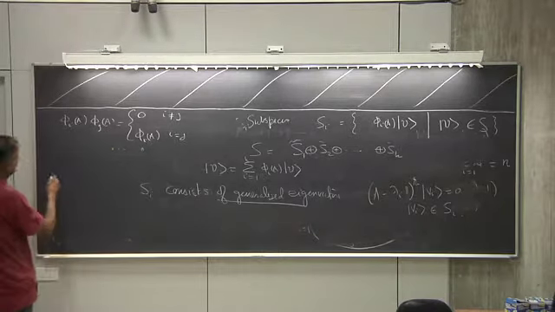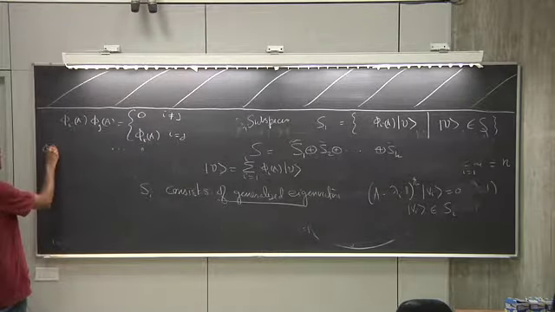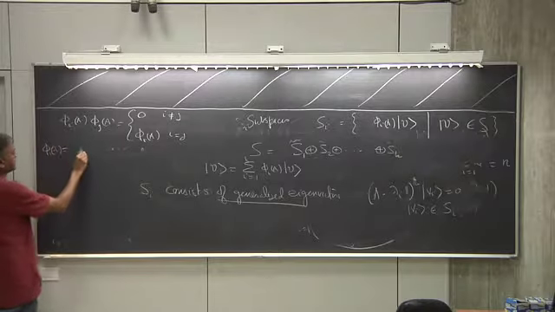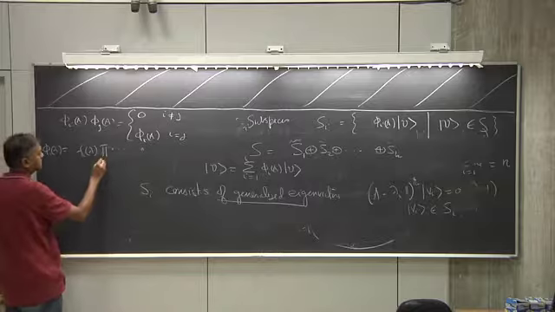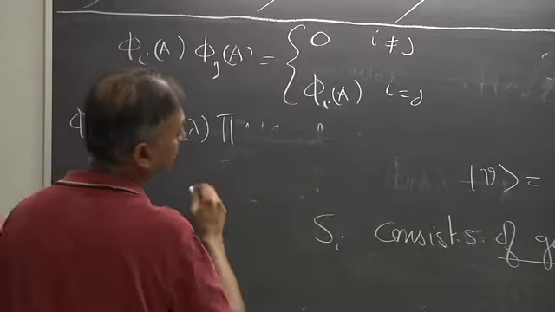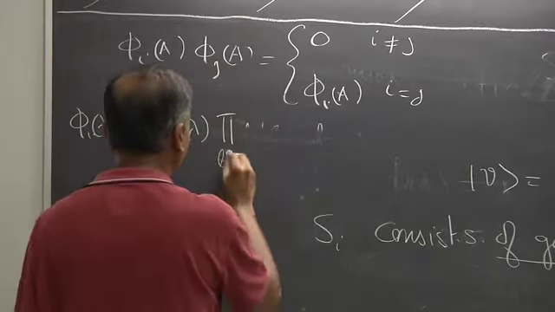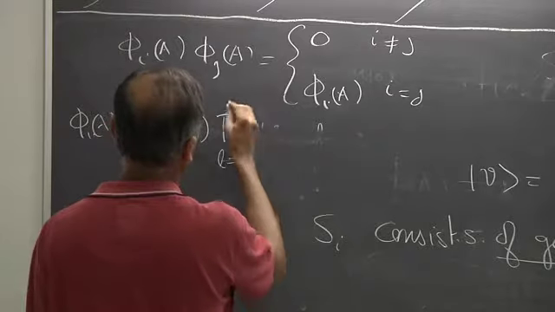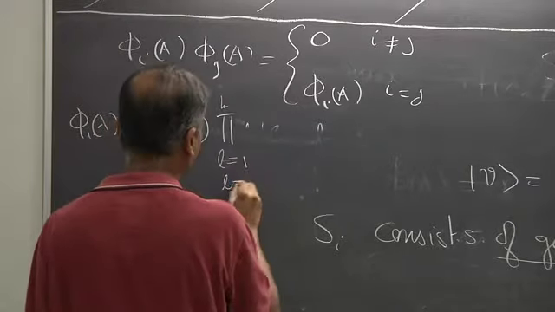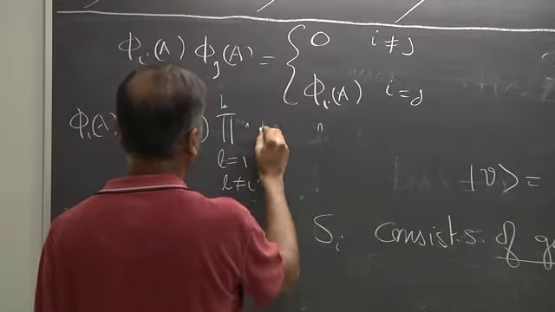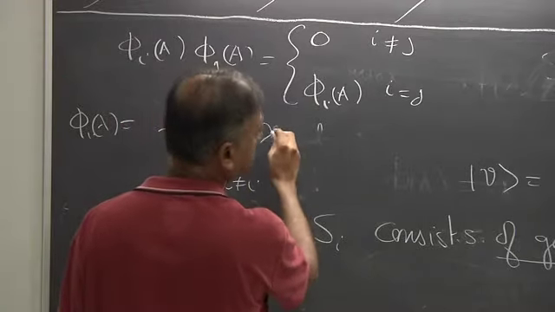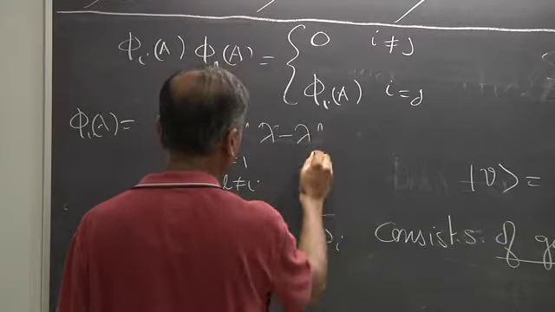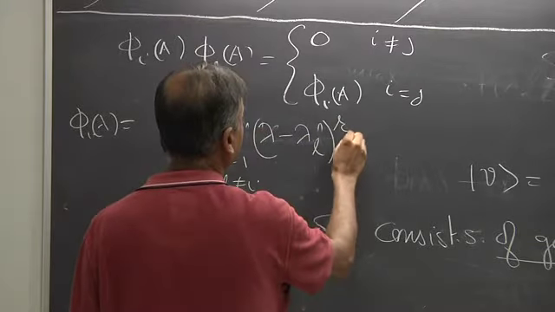So this is simply because of the fact that, if you remember, phi_i(lambda) was of the form f_i(lambda) times the product, let's say, for l equal to 1 to k, but l not equal to i, of (lambda minus lambda_l) to the power of r_l, right?